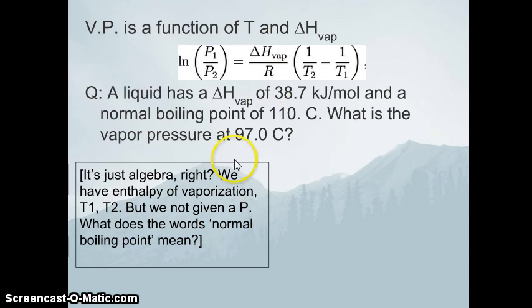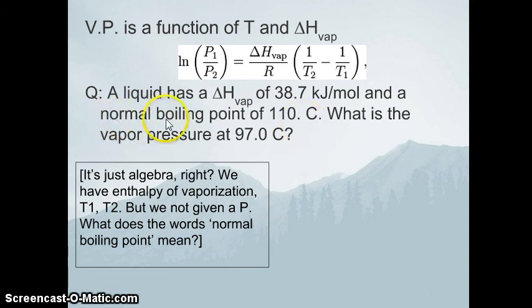We know R. We know T1 and T2, so 110 degrees and 97 degrees. And we are being asked for P2. We're not actually given a P1, because we don't need it, or rather we're sort of told what it is.